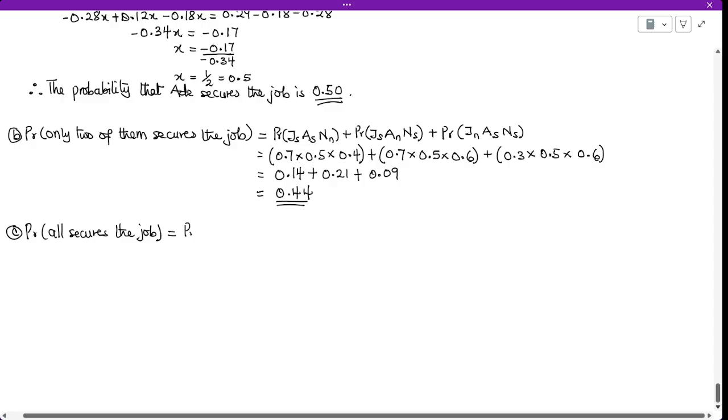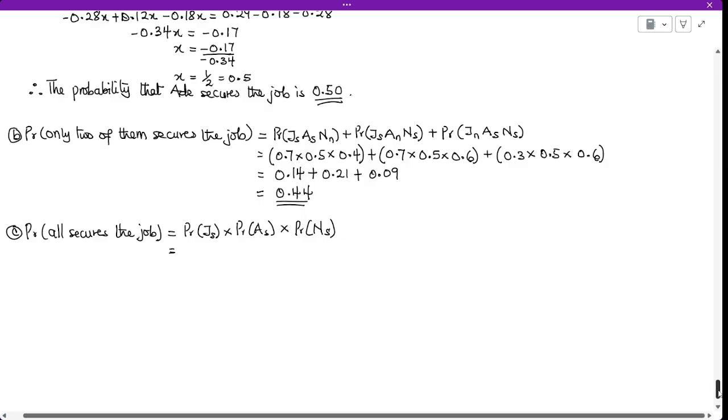This means we're going to have the probability that John will secure the job, the probability that Ade will secure the job, and then the last person, which is Ngozi, will also secure the job. Now let's see, we'll have to keep going up and down to get the values, okay?